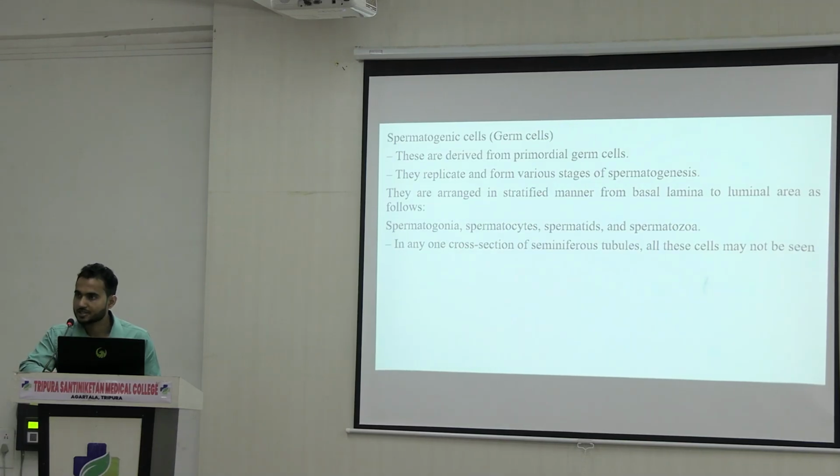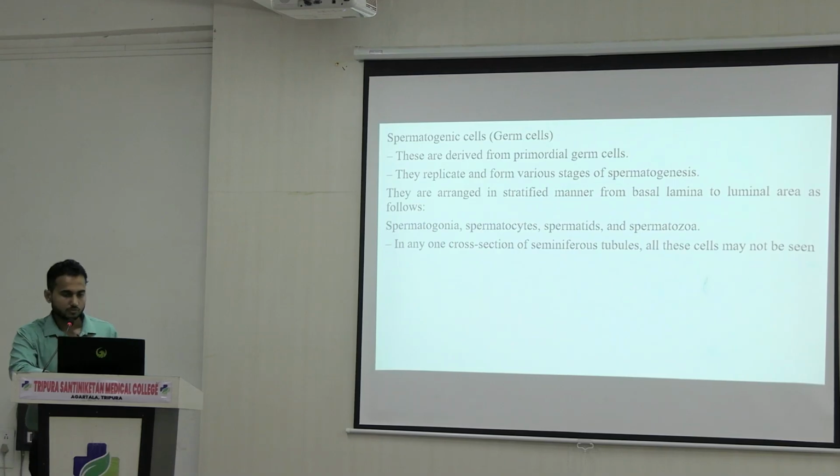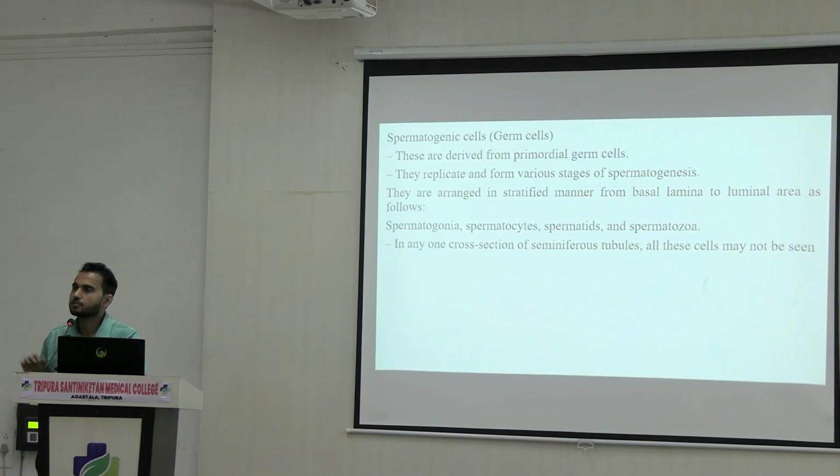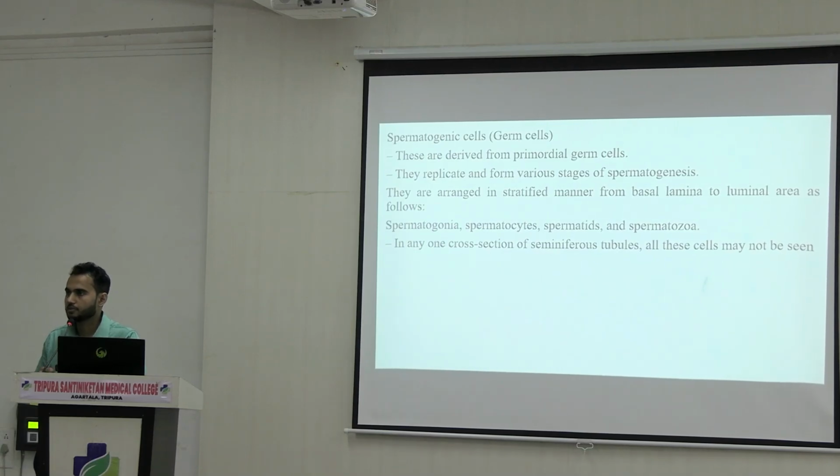And the Sertoli cells are present at the basal part only. Now, in a particular cross section of the seminiferous tubule, all the cells may not be present. It is not necessary that in any section of the seminiferous tubule, all the cells will be present.